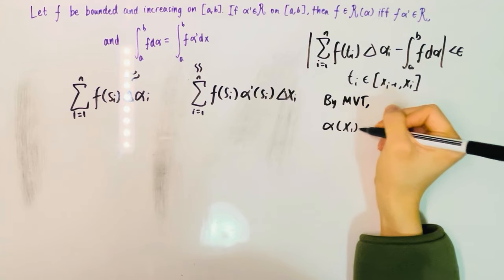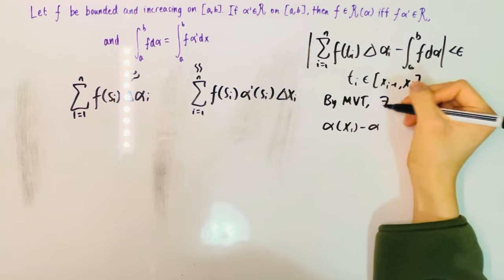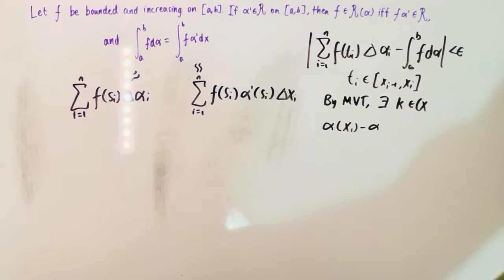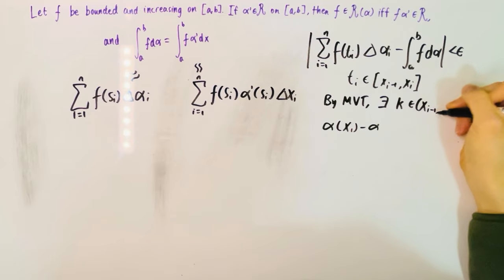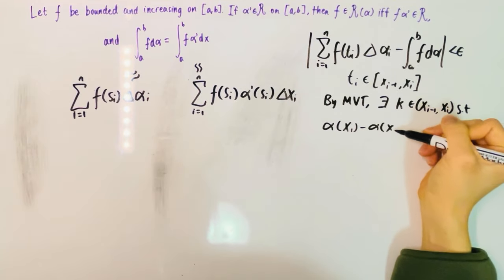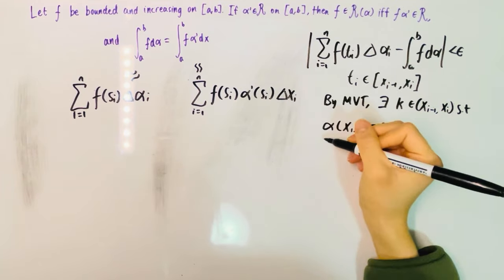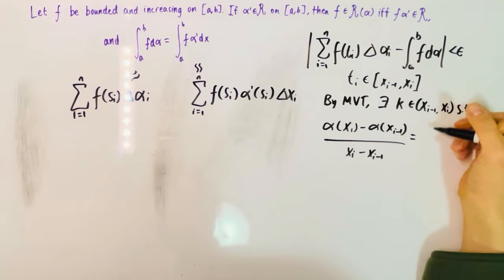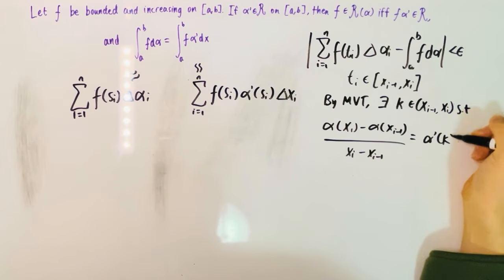alpha of xi minus alpha of xi minus 1, there exists a k in xi minus 1, xi such that the difference over xi minus xi minus 1 is equal to alpha prime of k.